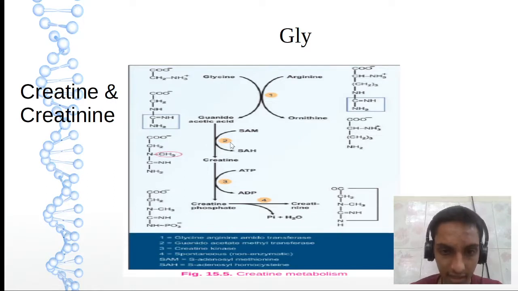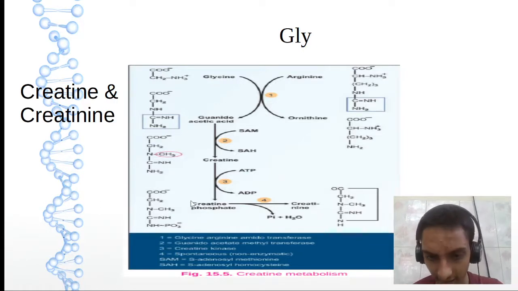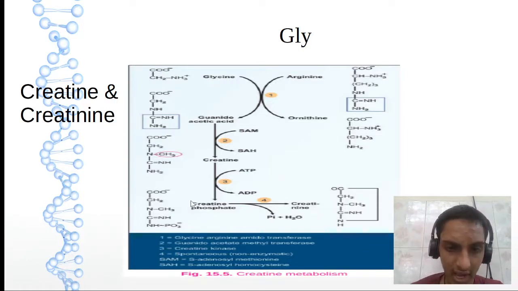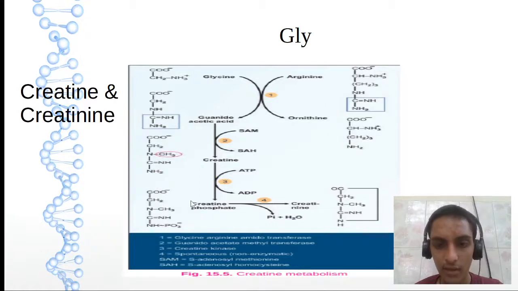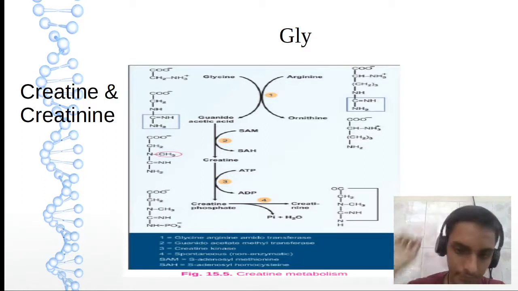Then creatine on kinase, ATP to ADP, reversible, gives phosphocreatine or creatine phosphate. Now, from these two, we will try to get creatinine. Simple. Creatine on dehydration will give creatinine. Phosphocreatine on dephosphorylation will also give creatinine.